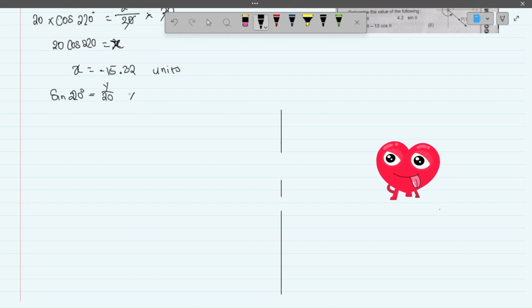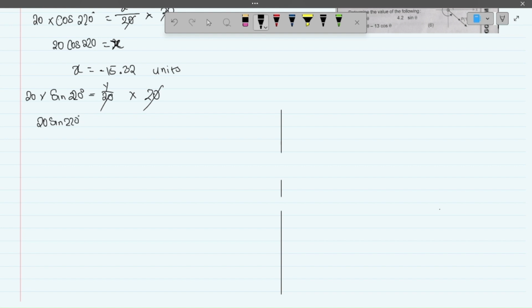The same thing we did on the previous question, we multiply by the denominator to get rid of 20. So we're left with 20 sine 220 degrees is equal to y.